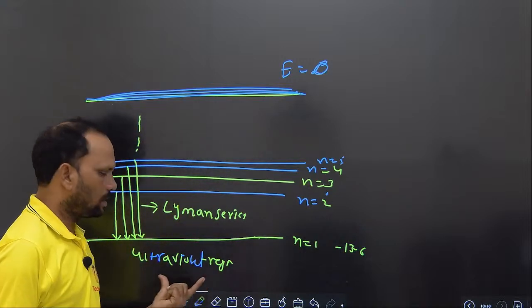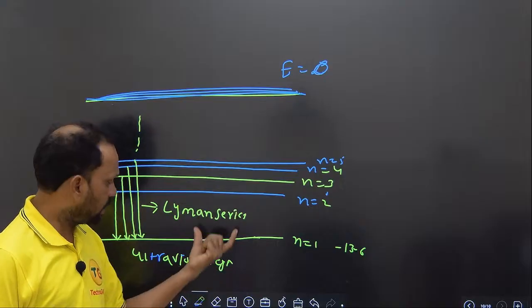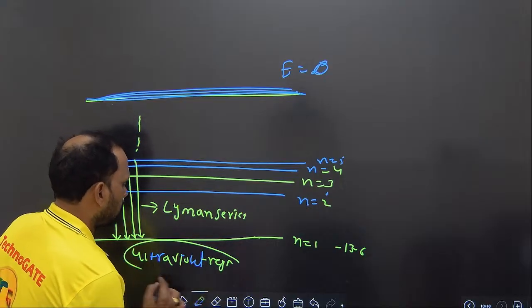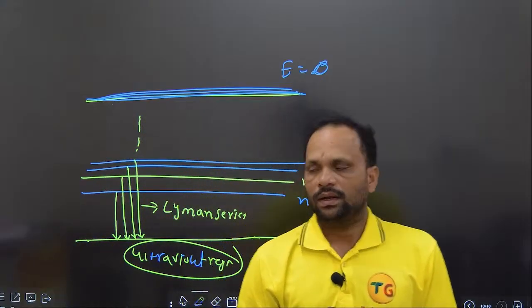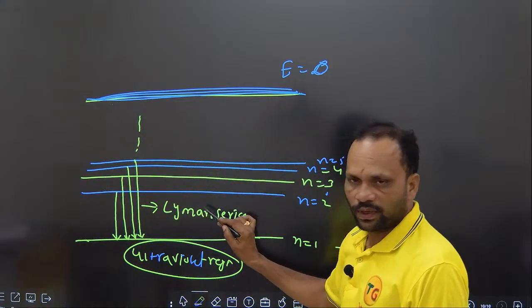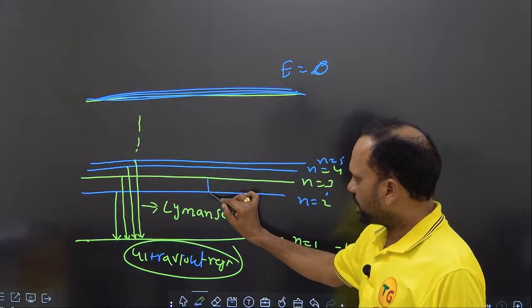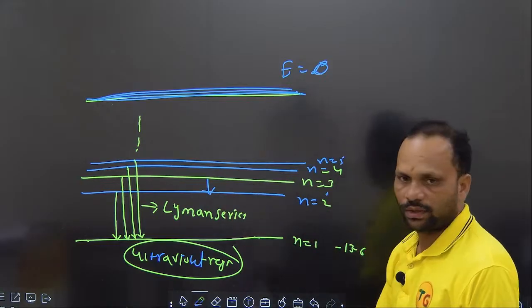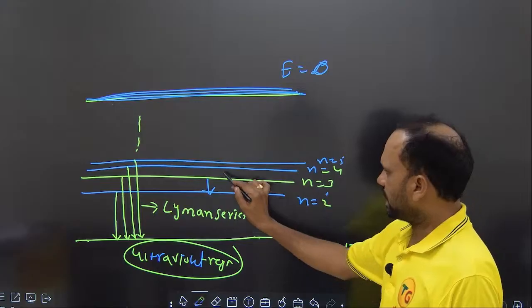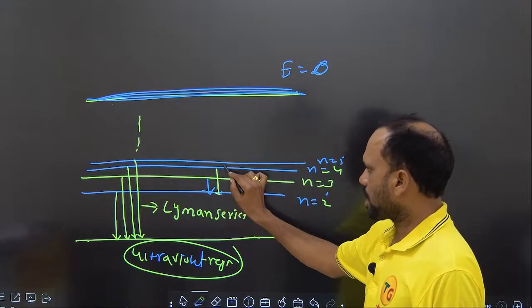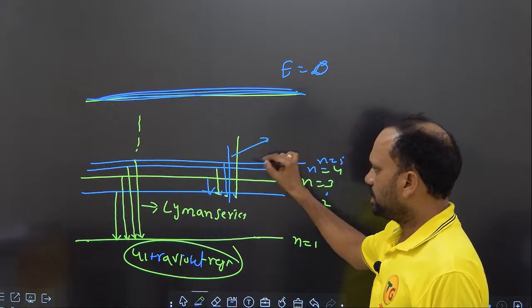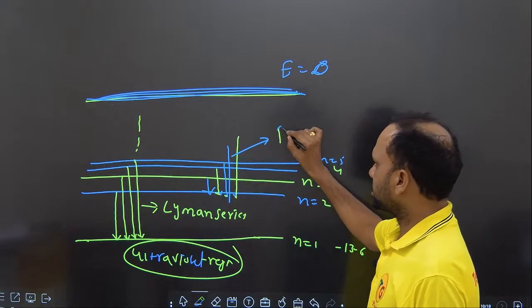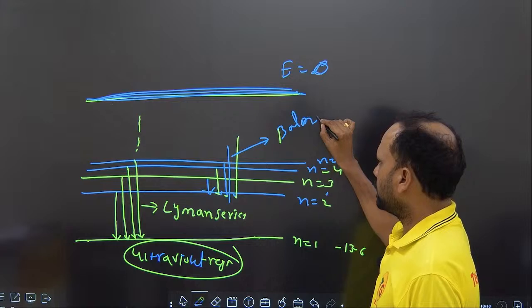The energy released here is in the ultraviolet region. Next, if an electron jumps from the higher orbit to the first excited state, n is equal to 2, the second orbit, like this, this is called the Balmer series.